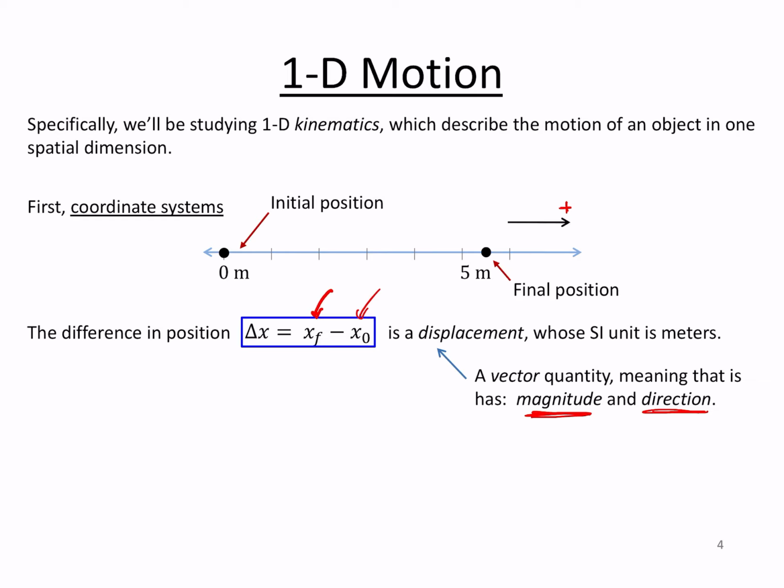So distance is sort of the scalar analog of displacement. Displacement has a magnitude and direction. Distance is a scalar because it has only magnitude.